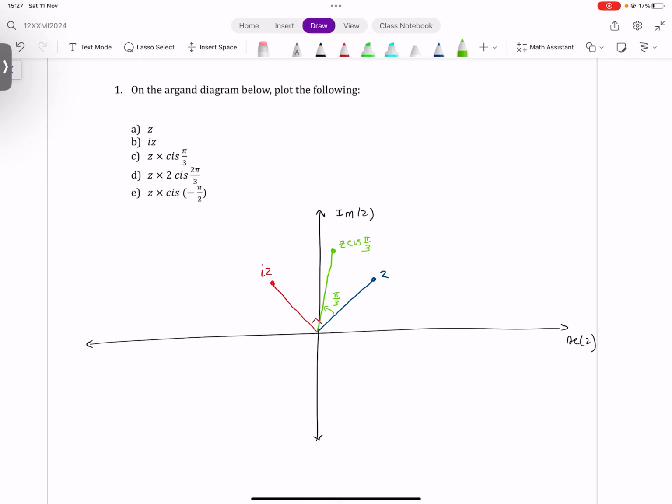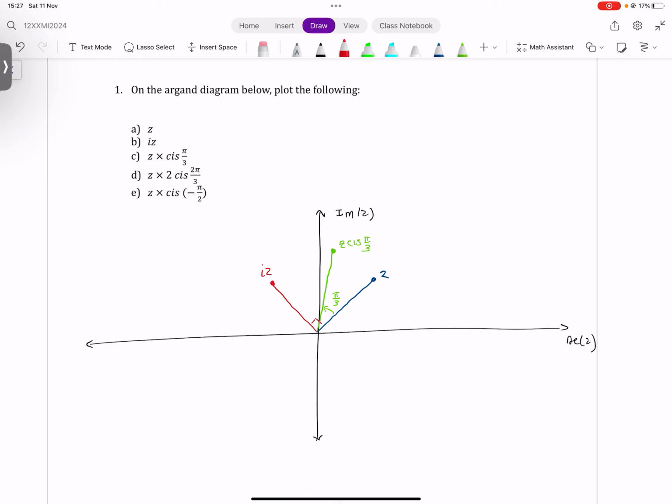z times 2 cis of 2 pi on 3. Well, we're going to be moving it over by 2 pi on 3. Now 2 pi on 3, remember, is 120 degrees, so just a bit less than 180.